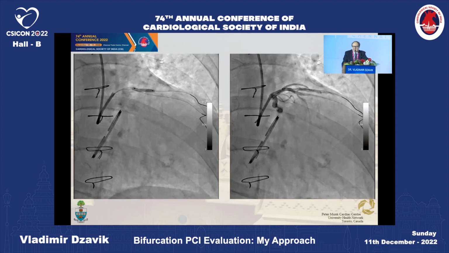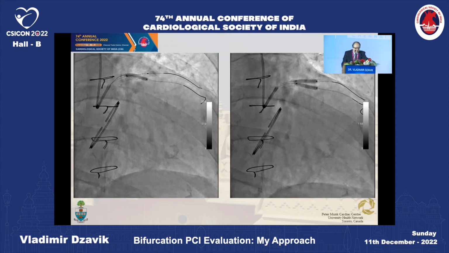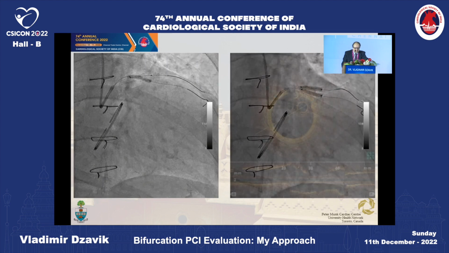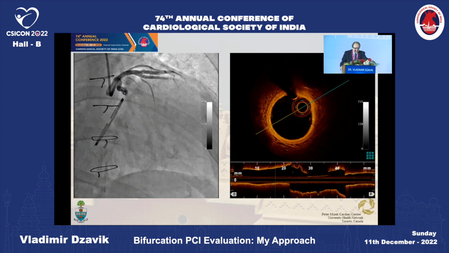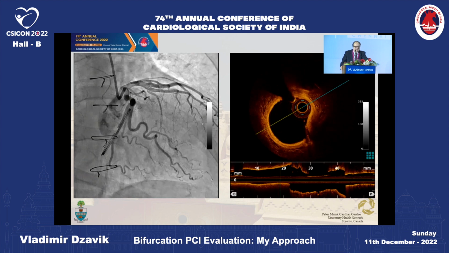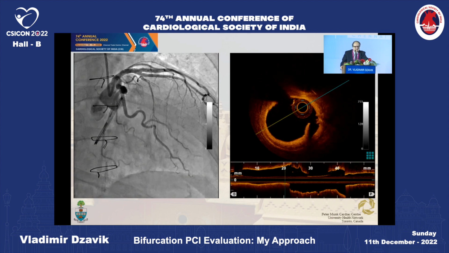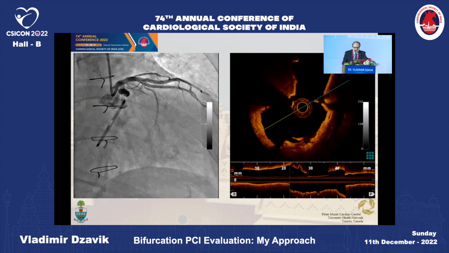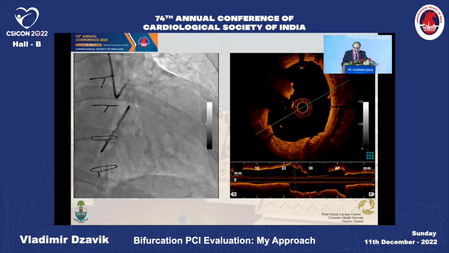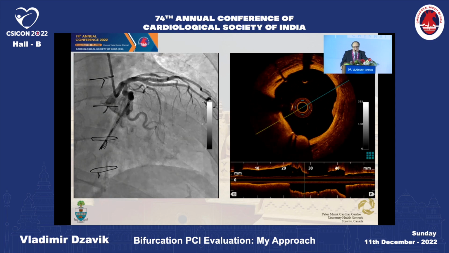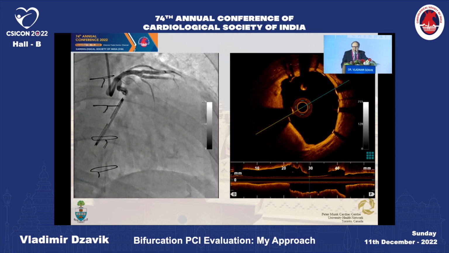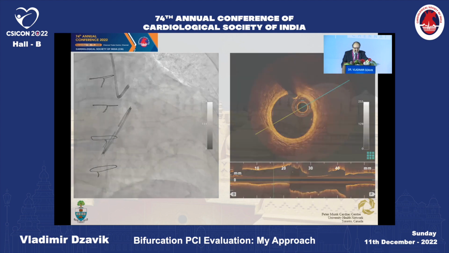So we did that and worked very beautifully and with a very nice final result. So consider all the options in these, especially ostial lesions. There's this very small dissection, which I didn't think was significant, and the patient did very well, seen by OCT.